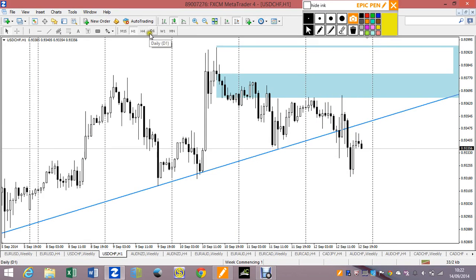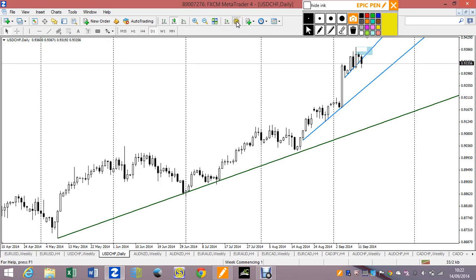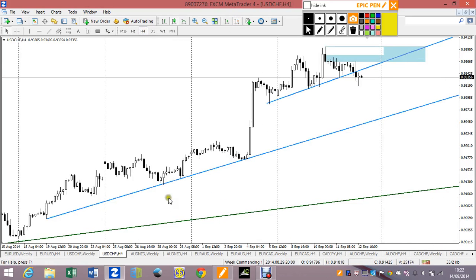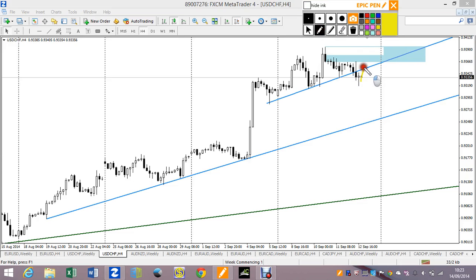Down to the daily chart, big daily ascending trend line here in green. It's too far away at the moment though. 4-hour chart, we have this blue ascending trend line here, but there's also this one up here. So if we could get a retrace up to there and then reverse, it might be a good entry, or alternatively a break through this trend line here.